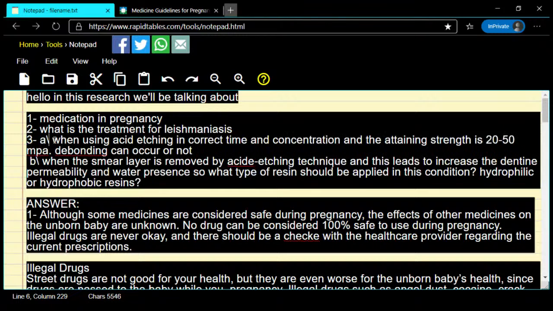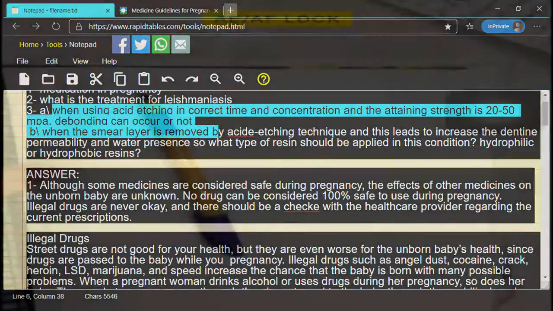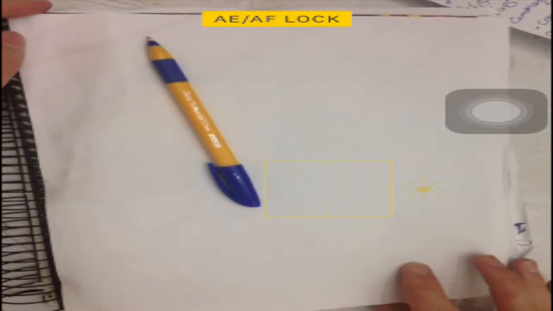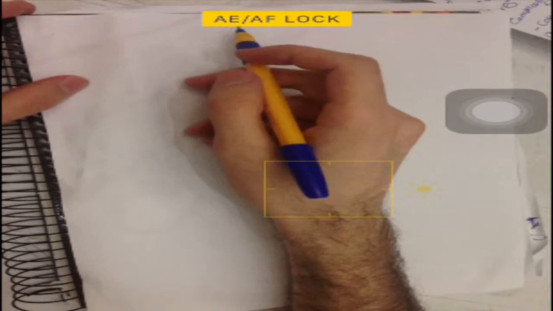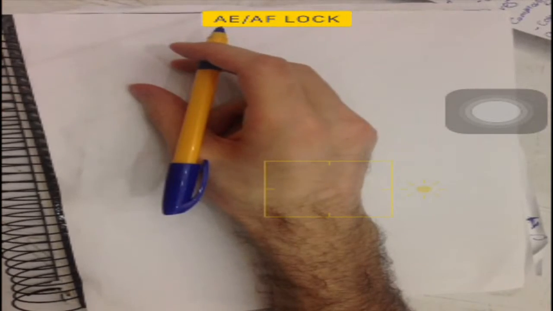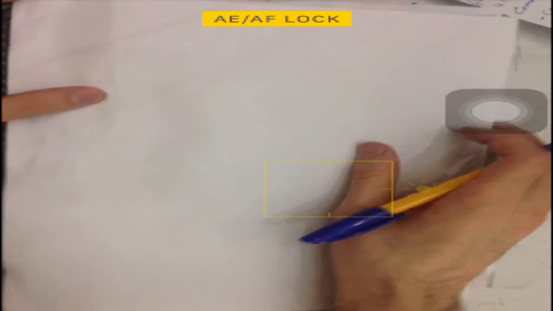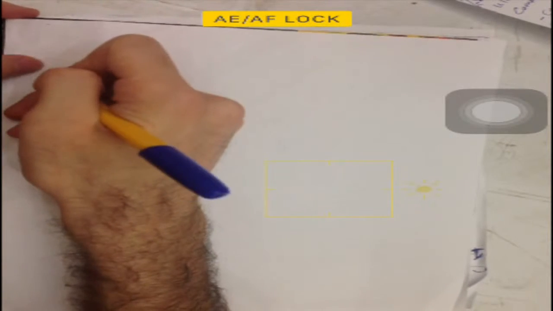about when using acid etching in correct time. Let's write the question on a piece of paper here. Let's write it down. Which is about number three or number 1.